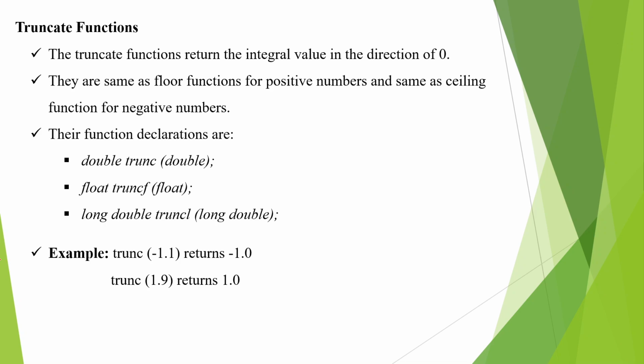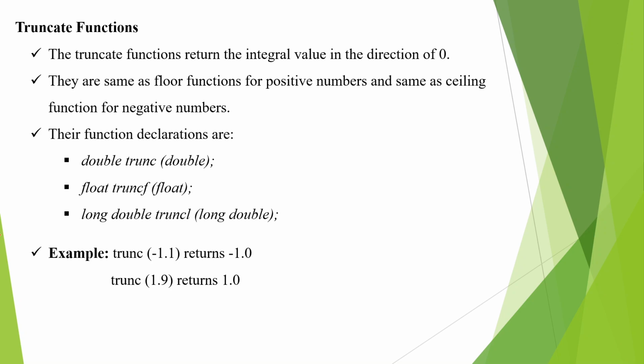So here next is the truncate function. This truncate function, neither will it go in the left hand direction nor in the right hand direction. It will always go in the direction of zero. Wherever we have 0 on the number line, we always move towards the 0 and identify the nearest possible integer value in the direction of 0.